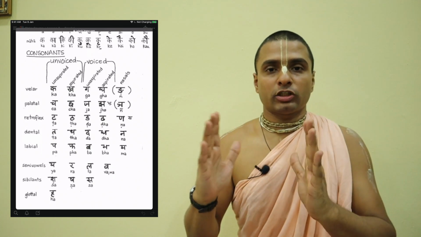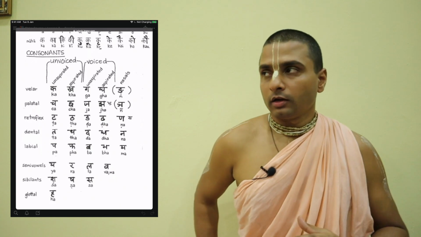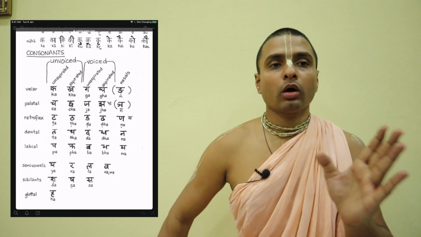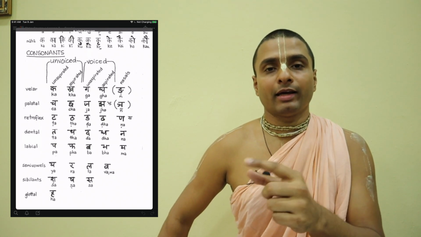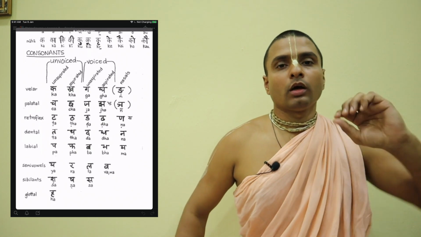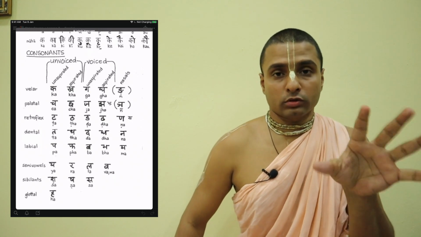It's like K and H, like blockhead. When you say blockhead, block, and then after that head. That kha sound is produced when you say ka plus the aspirated force of breath.